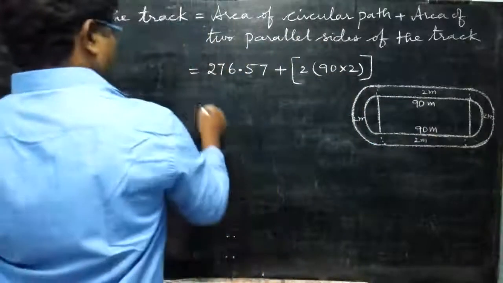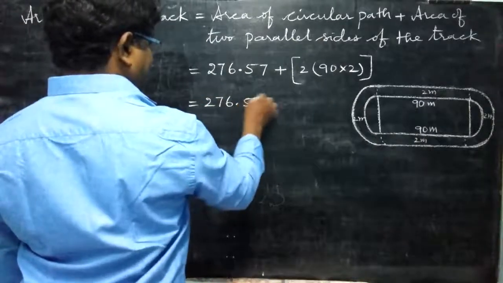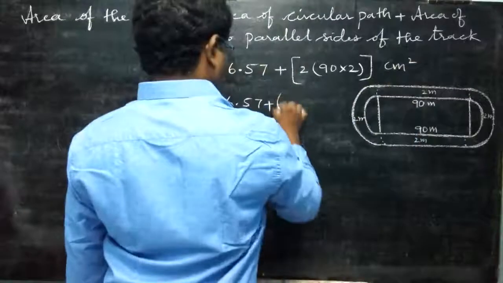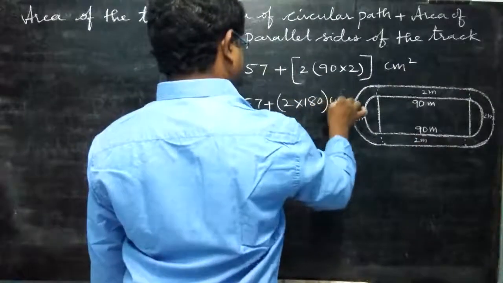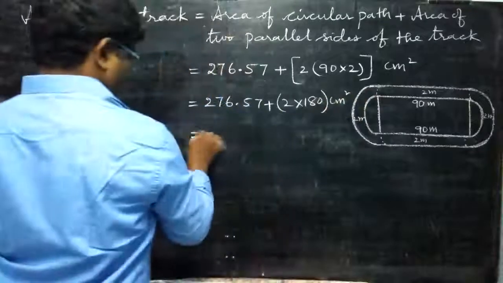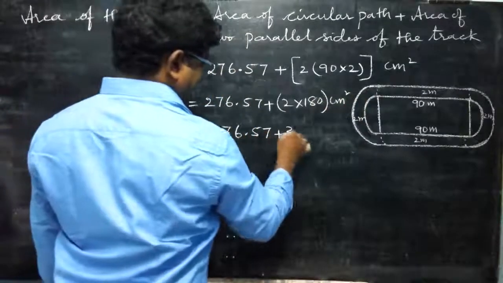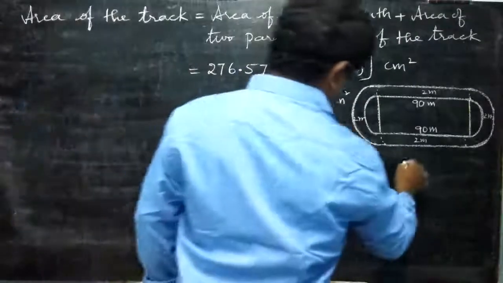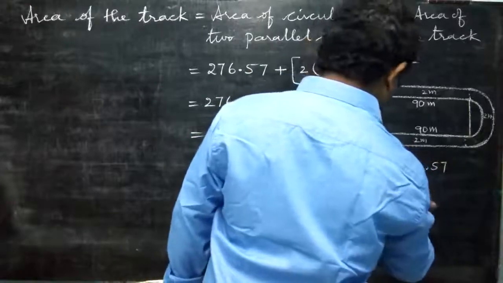So 276.57 plus 2 into 180 square meters, 276.57 plus 360.